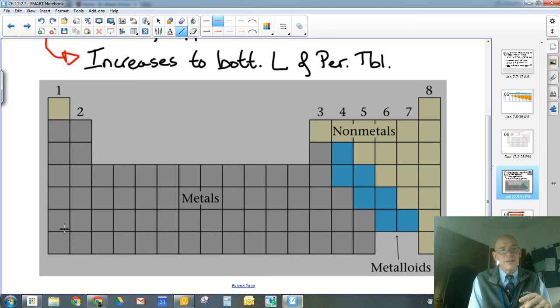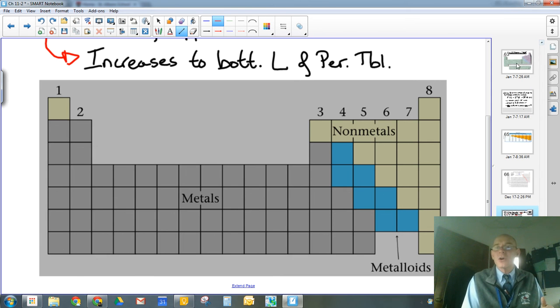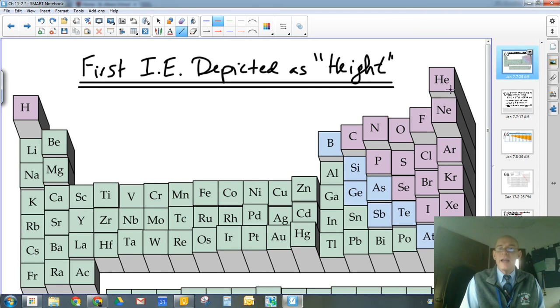And therefore, it's easier to pull a negative electron away from that positive nucleus because it's further and further away. So the larger the atom, the lower the ionization energy. And we saw on this chart as well that for every single atom, the ionization energy decreases as you go down the periodic table. So the most metallic elements, the things that most easily give up their electrons, are here at the bottom left.